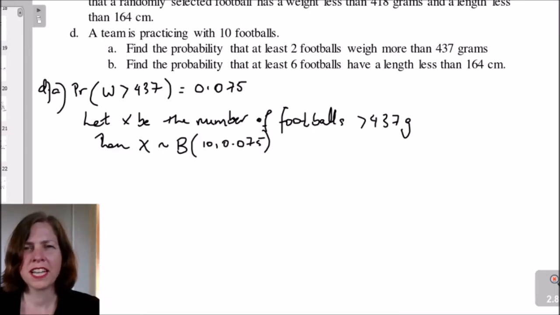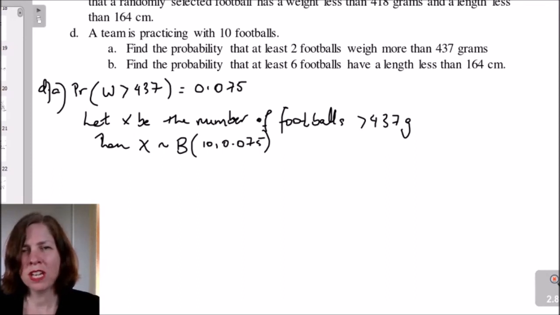So what I've jotted down there is, first of all, I've defined X as the number of footballs greater than 437 grams. I could have said in a trial of 10. So X is binomial with 10 trials and a probability of success, P, of 0.075.